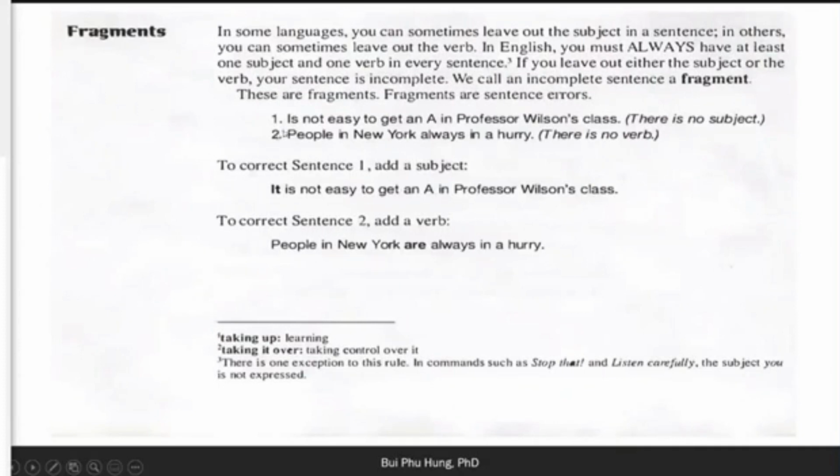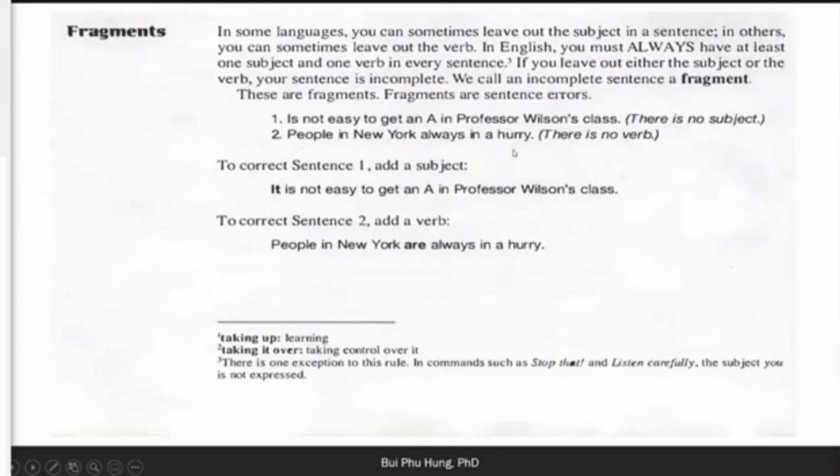Right, one, it's not easy to get an A in Professor Wilson's class. Right, so is a verb. It doesn't have a subject here, right? The sentence doesn't have a subject. Two, people in New York always in a hurry. Right, people in New York, subject, always, no verb.